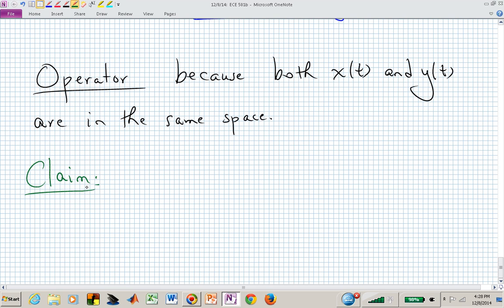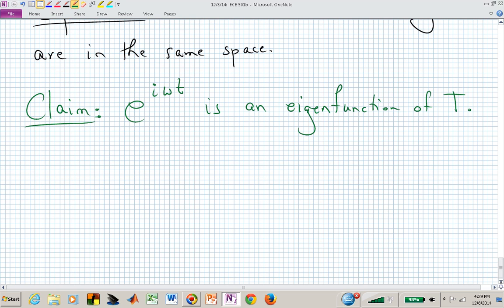Let's make a claim. The claim is that e to the i omega t is in fact an eigenfunction of this operator T. And e to the i omega t, maybe it looks weird, but just think of that as sinusoids. For a fixed omega, that's now some sinusoid.